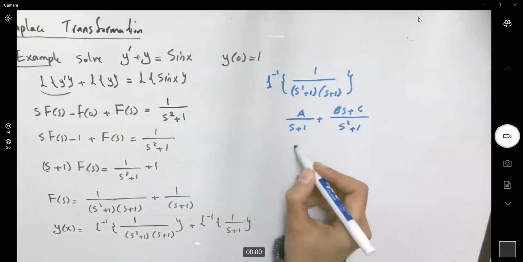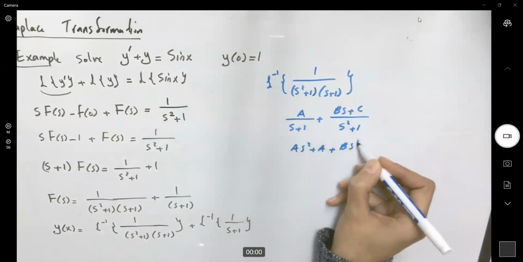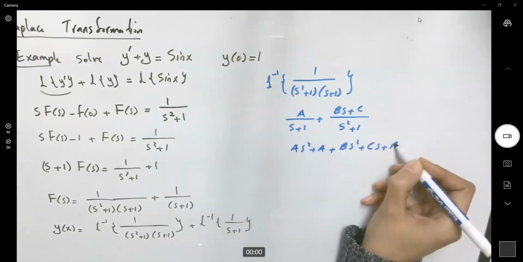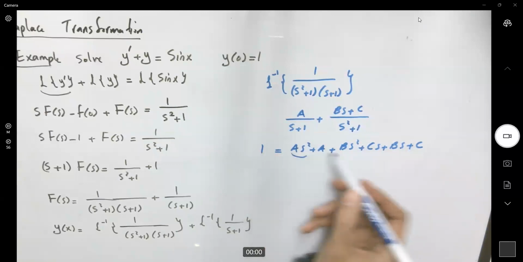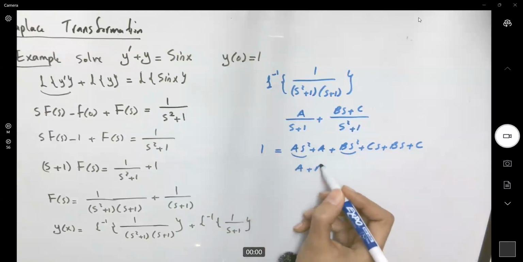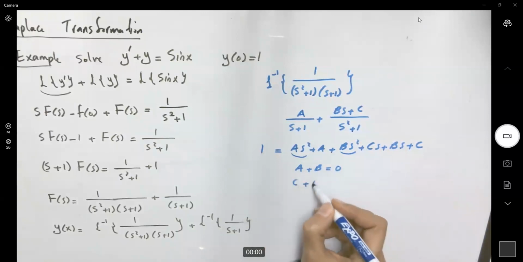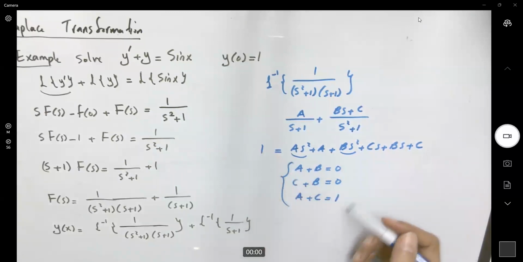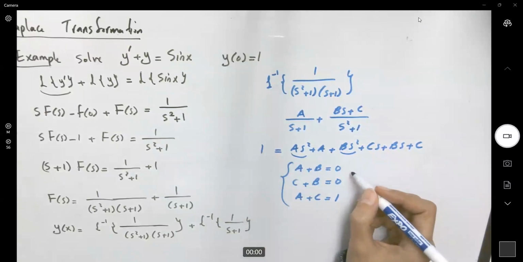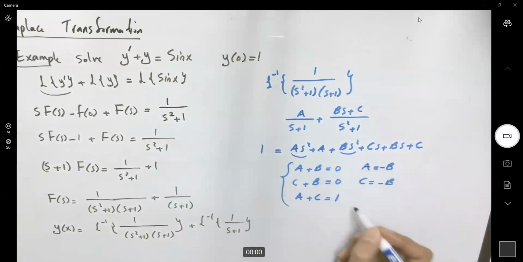So here, As squared plus A plus Bs squared plus Cs plus Bs plus C must be equal to 1. So what's the meaning of that? It means that A plus B is 0, C plus B is 0, and A plus C is equal to 1. Very well. So A is negative B, C is negative B.